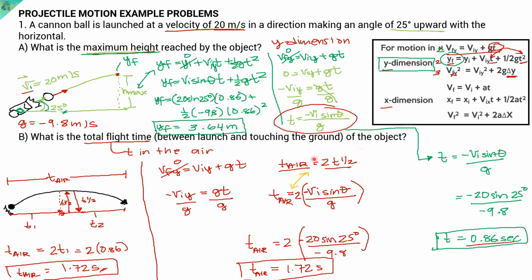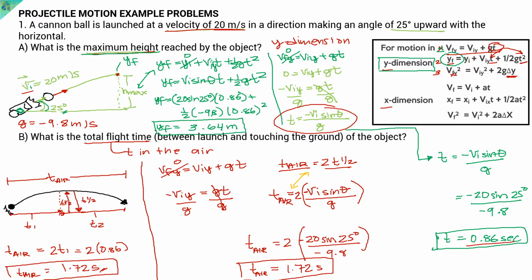Kaya nilagay natin dito is 2t1/2, right? And then, what is now the formula for t? The formula for t can be derived by using this one, right? So that would be VIY. Let me just cancel this para mas simple.